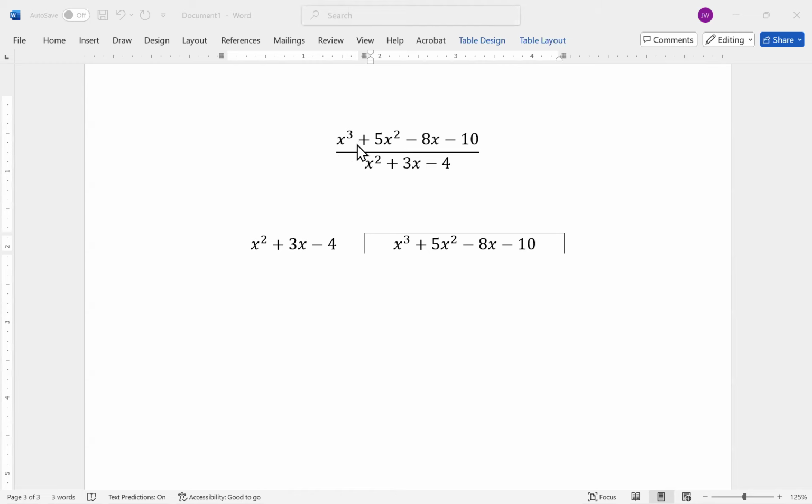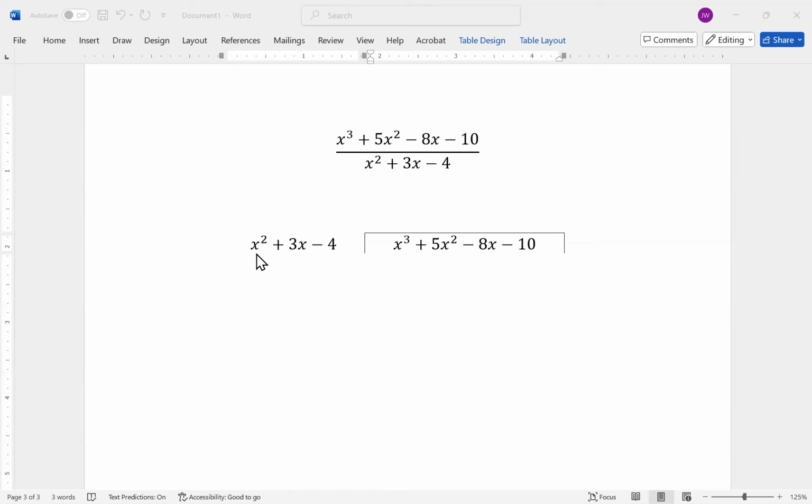Here we have x to the third plus 5x squared minus 8x minus 10 divided by x squared plus 3x minus 4. I put the dividend underneath a vertical line and then a horizontal line over that dividend, and the divisor I put out front. That's usually the notation that we use.